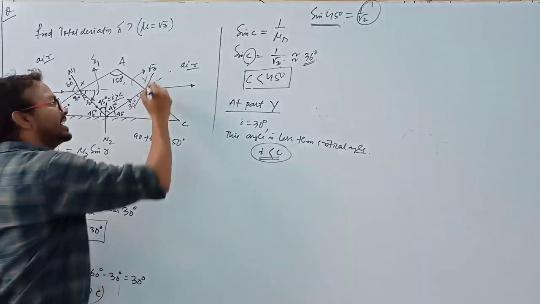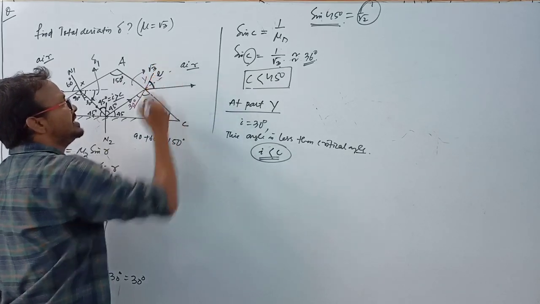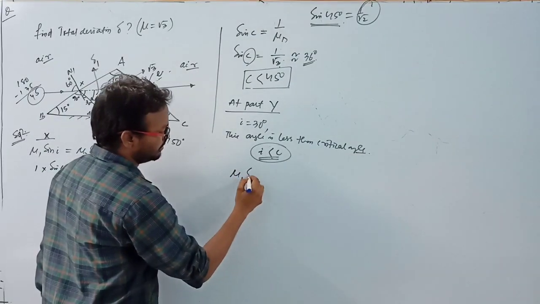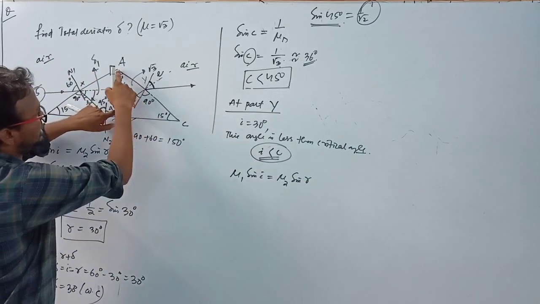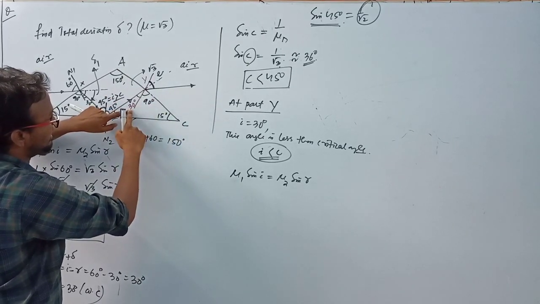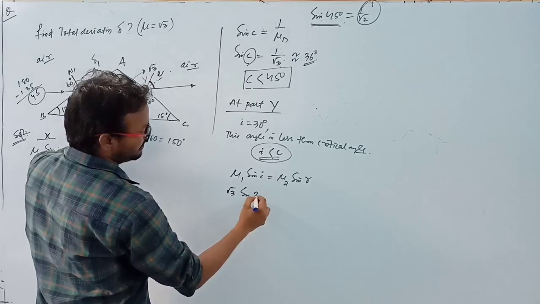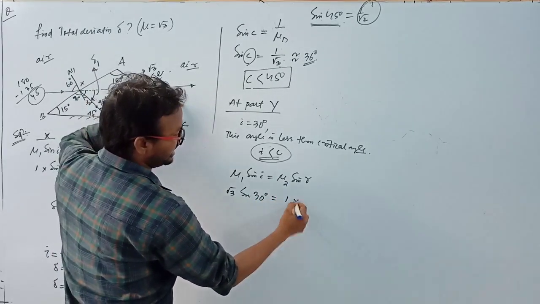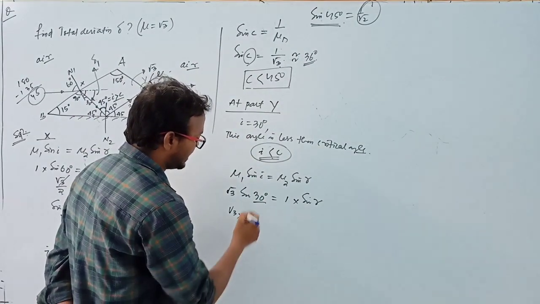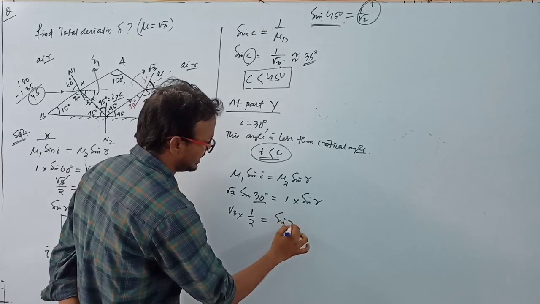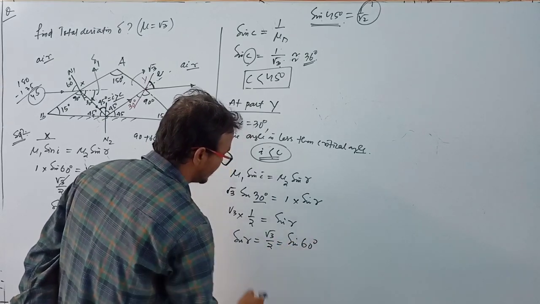Suppose this is the emergent ray and this angle is known as the emergent angle, which you can write as E. If we use Snell's law here at this point, mu1 sin I equals mu2 sin R, where mu1 is the medium the incident ray travels in, because this is now the interface separating two media. So mu1 is root 3, into sin I, which is sin 30 degrees, equal to mu2, the air medium, which is 1, into sin R. Here root 3 into the value of sin 30, which is 1 by 2, equals sin R, so sin R equals root 3 by 2, which is sin 60 degrees.